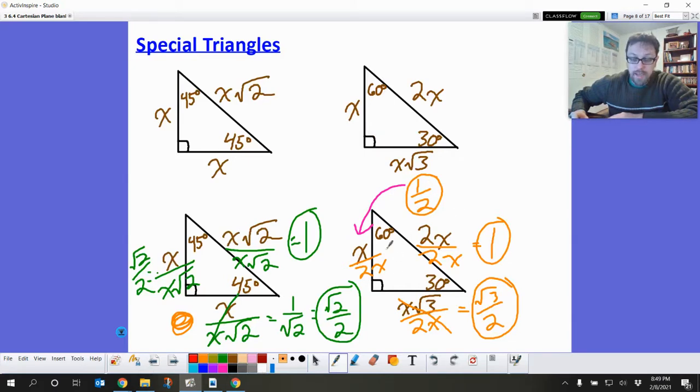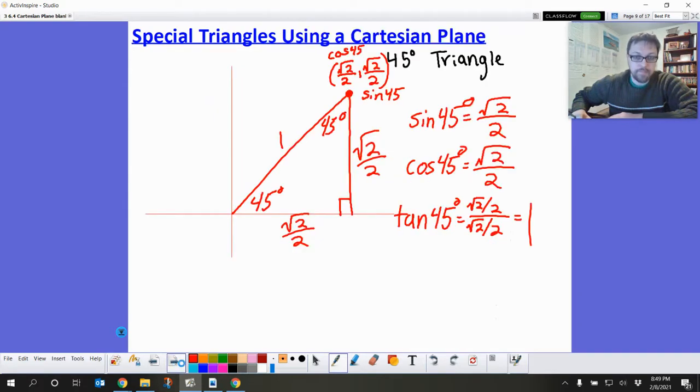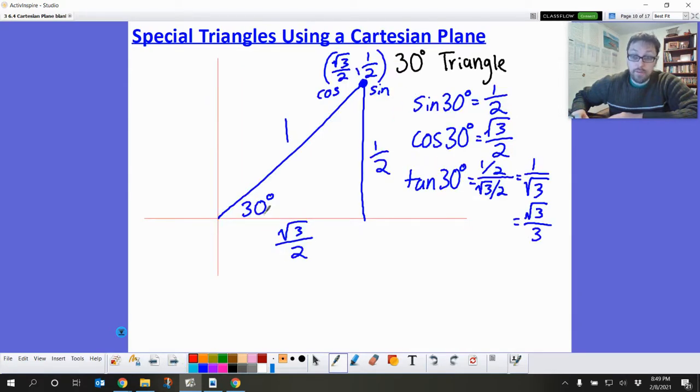Let's look at what happens if we take this 30, 60, 90. I'm going to take these side values and put them on the Cartesian plane and see what happens there. So here's that 30 degrees. I've got the square root of 3 over 2 on the bottom, like I had just a minute ago, and then 1/2 on the side. Okay, coordinate point: your x value going here, square root of 3 over 2, and your y value going here, 1/2.